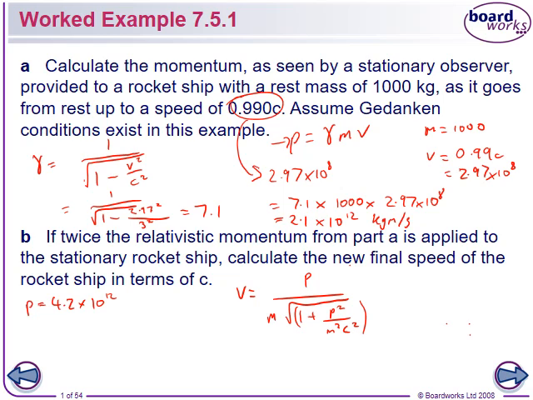That's how we're going to find the velocity of this spaceship. We know our momentum, we know our mass, and we know the speed of light. So let's start working this out. Now this is where we need some fancy calculator skills.